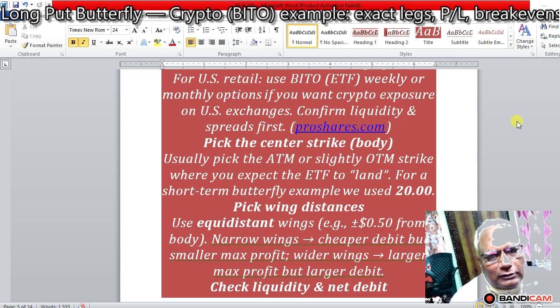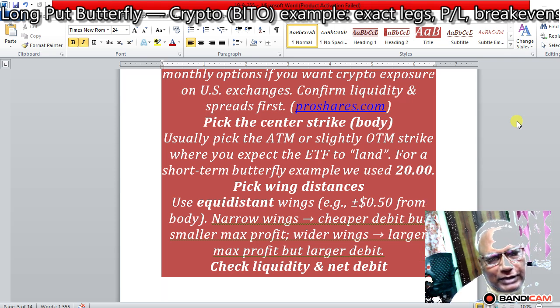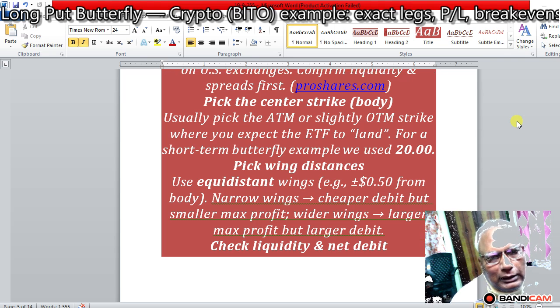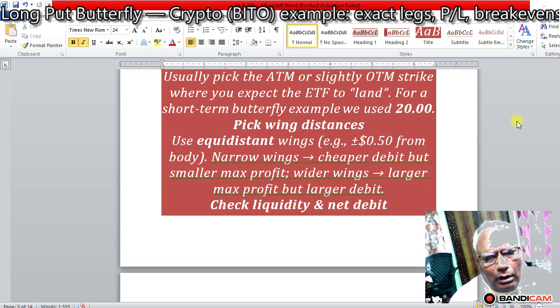In the butterfly example we used 20.00. Pick wing distance. Use equidistant wings. Narrower wings, e.g. $0.50, give a cheaper debit but smaller maximum profit; wider wings give larger maximum profit but a larger debit.